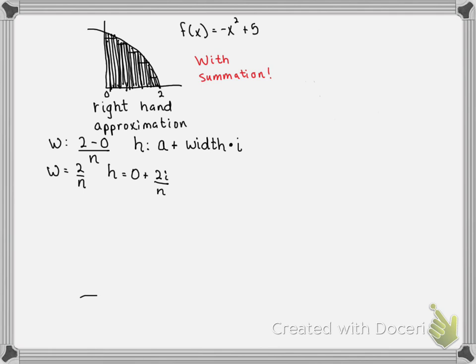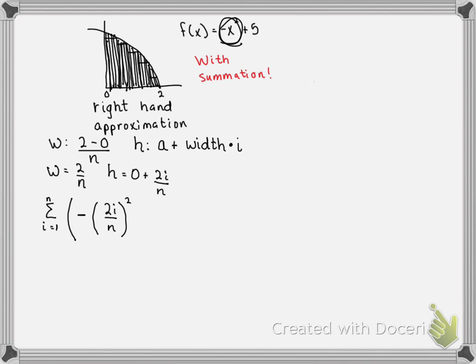So we've got the sum from one rectangle to an infinite number of rectangles of, remember, the area of the rectangle is the base times the height. We're putting in the height first, so negative 2i over n, that's our height, squared, because negative x squared is what's in our formula.